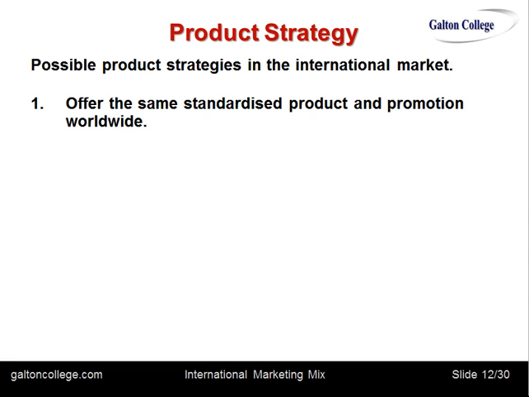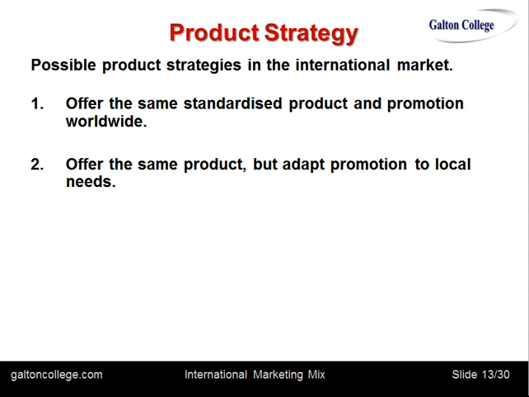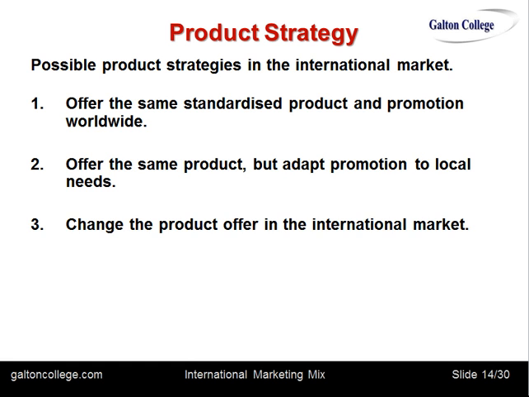And that's one approach. It could be offer the same product but adapt the promotion to local needs. So it's the same product, but perhaps the marketing is more sensitive to what is acceptable in the new country. That's a possibility.